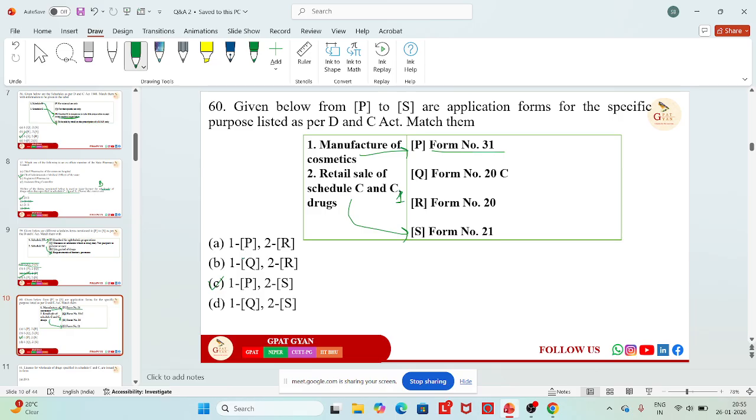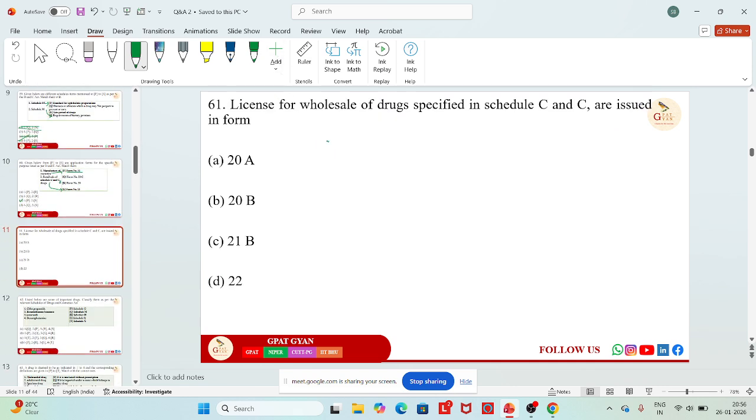So try to give just 15 minutes from your 24 hours to this portion to memorize well for this topic. Going for next, again one question from schedule.